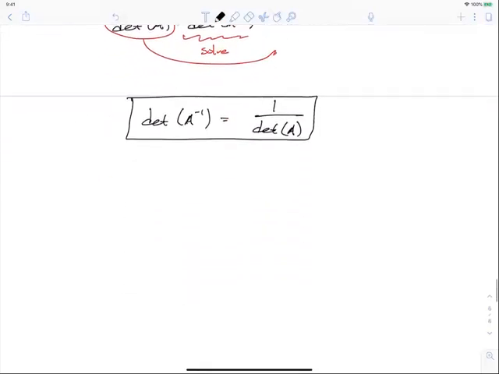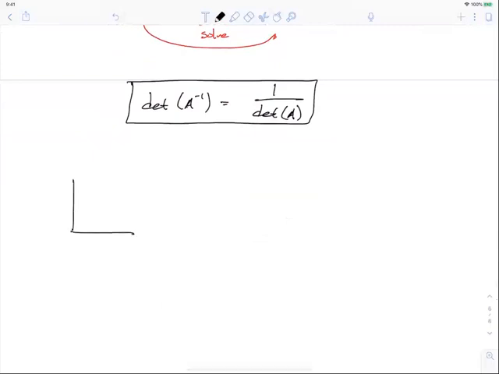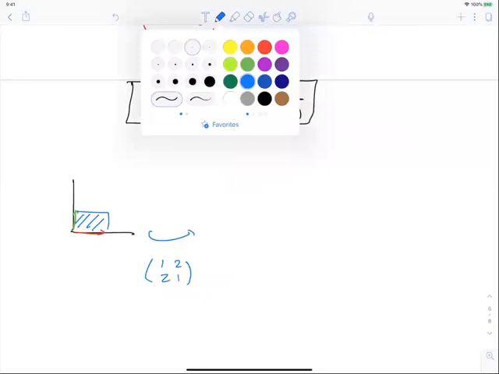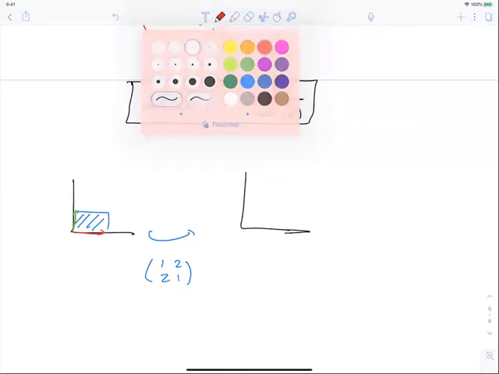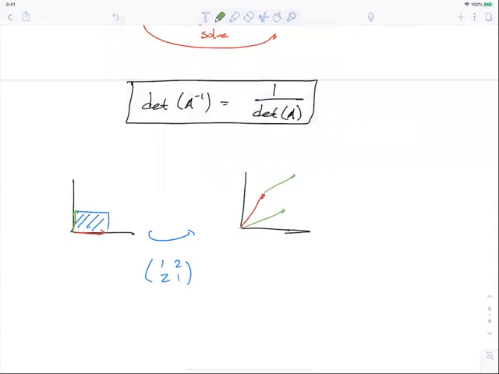So that's an algebraic explanation using that product rule of the determinant. The other explanation is geometric. If we have a matrix, say the one we had before, we're going to take the unit box and multiply that by 1, 2, 2, 1. This expansion factor is 3. So this area right here should be 3 times the unit box.